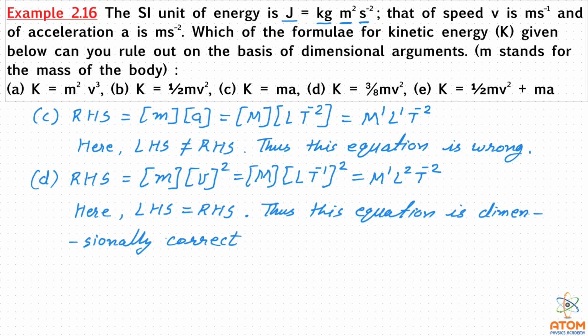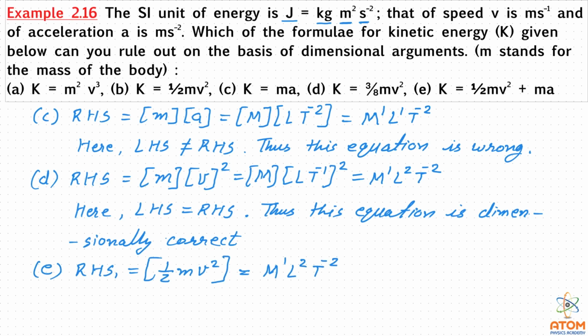Now let us see the fifth equation, that is E, which is having two terms in right hand side. So in this case we have to consider the dimension formula of both of the terms of right hand side. So I'll put first right hand side 1, where I'll consider the dimension formula of 1/2 mv square, which we have already derived. That is M1 L2 T minus 2.